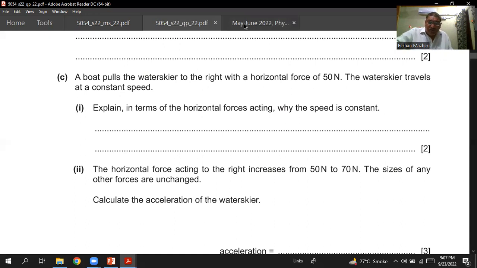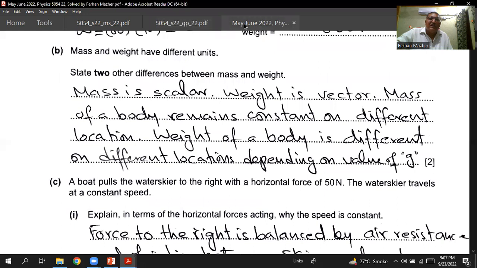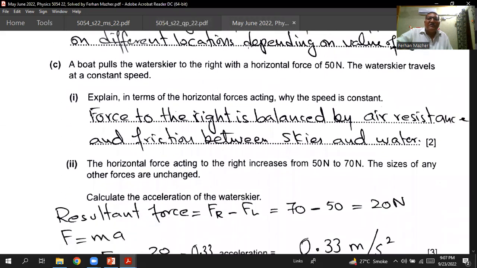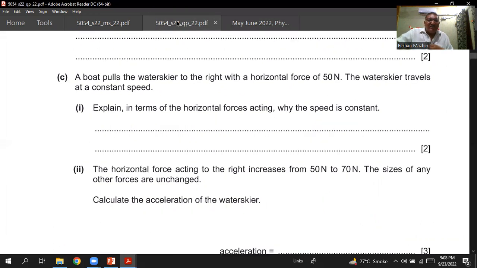The frictional forces acting to the left are equal to the force moving him to the right. So the resultant force is zero, and that's why he's moving with a constant speed. So my answer is: force to the right is balanced by the air resistance and friction between skis and water.